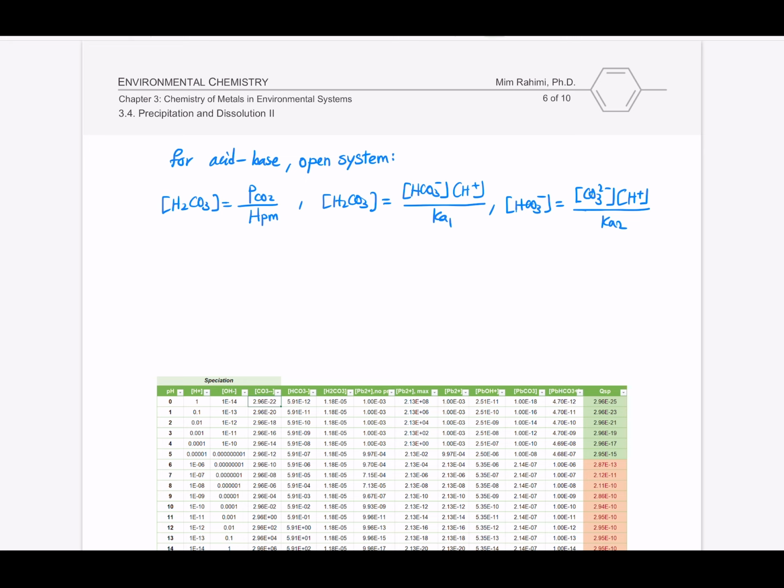So similar to the previous case, we basically calculate Pb2+ no precipitation, Pb2+ max, then minimum, then that would be our Pb2+. Then we use that to calculate other species.